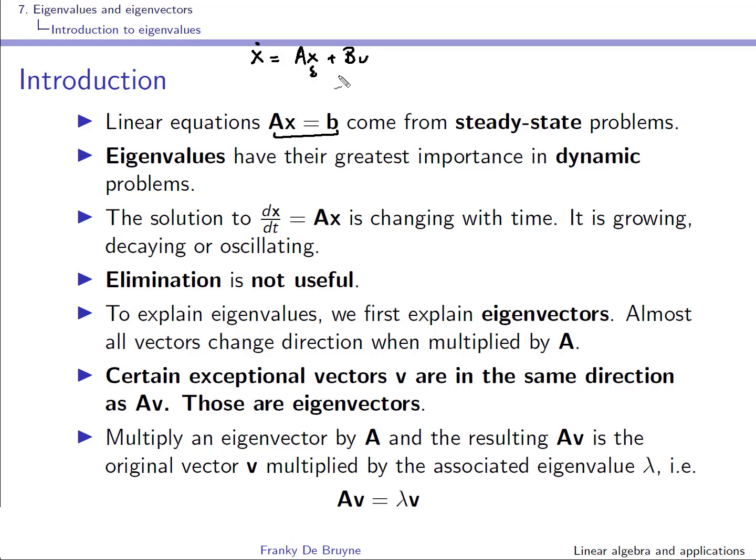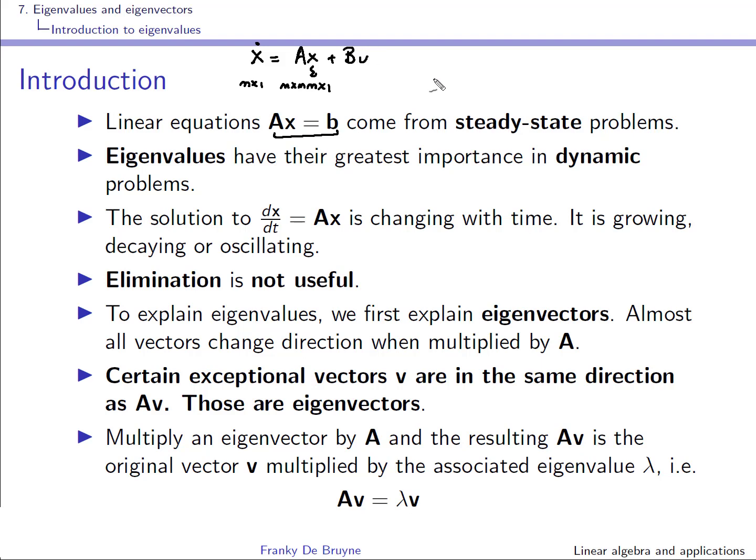Well, I'm not going to go into the details, but there are n states describing your system. So this is a vector that has dimension n times 1, a column vector. Obviously, its derivative will also have dimensions n times 1. So A here is an n by n matrix. U is the input.